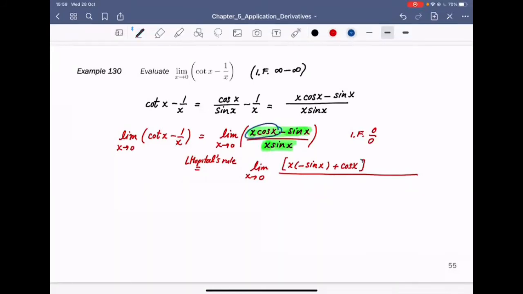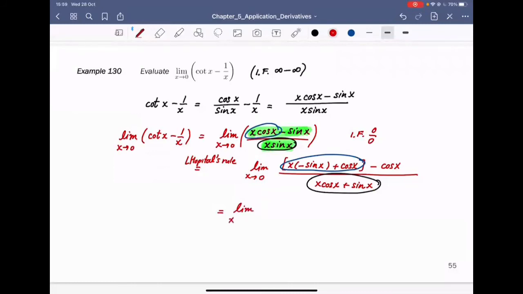And then I differentiate negative sine x, so I get negative cosine x, right? And then on the denominator, I have x cosine x, because x and differentiate sine, get cosine, and then plus sine x. Well, this is x sine x, I differentiate, I get that.